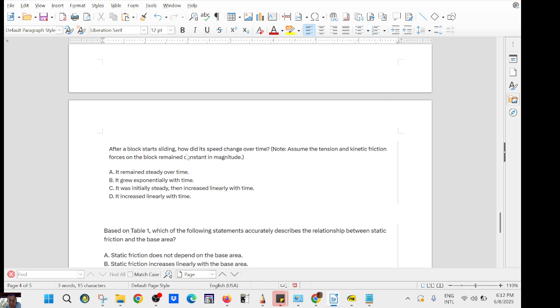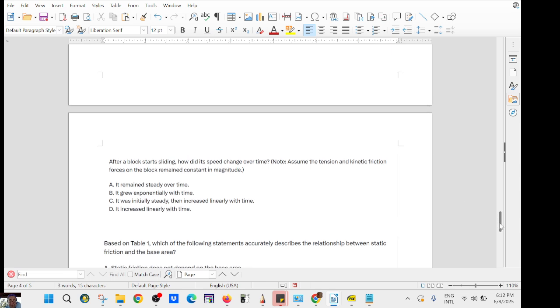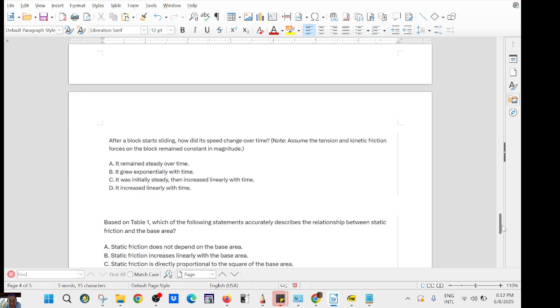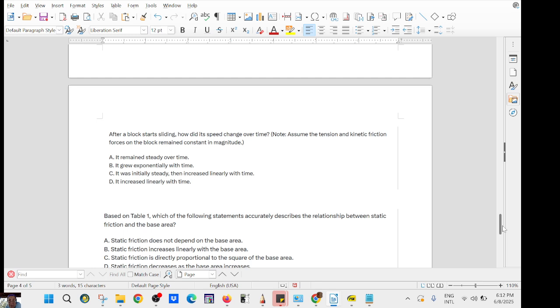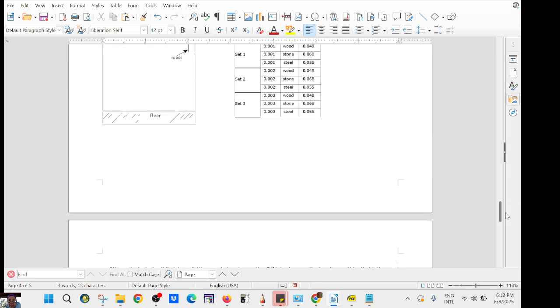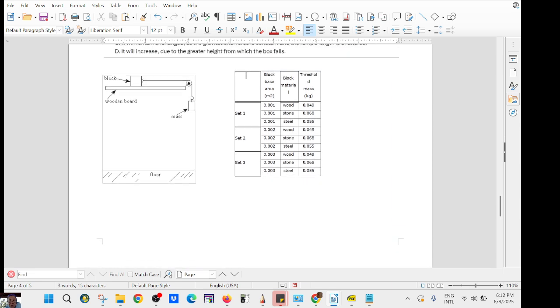After the block starts sliding, how did its speed change over time? So once it starts sliding, it's gonna speed up, right? But when this block starts sliding, we suppose it's gonna speed up, okay?